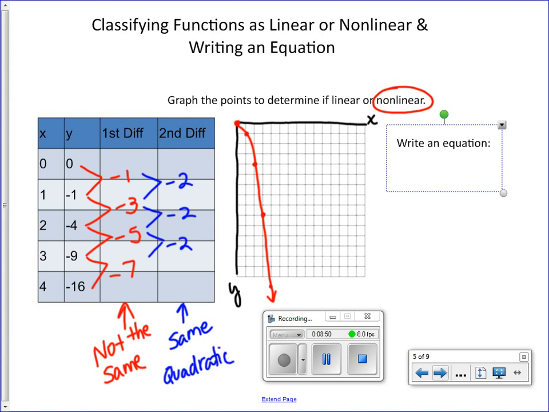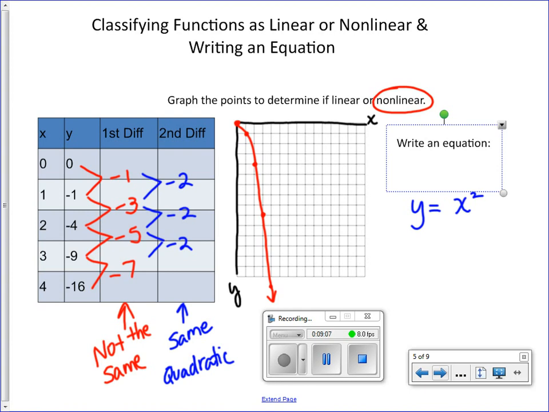Quadratic means that as we write our equation, it's going to look something like this. Y equals x squared. Okay, now that may not be our equation.